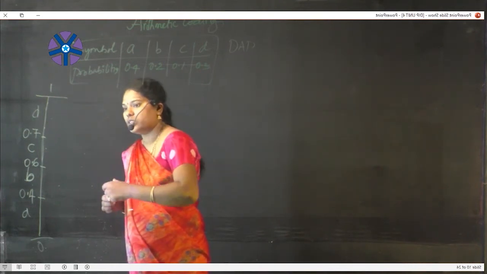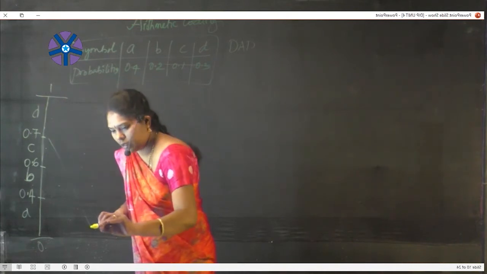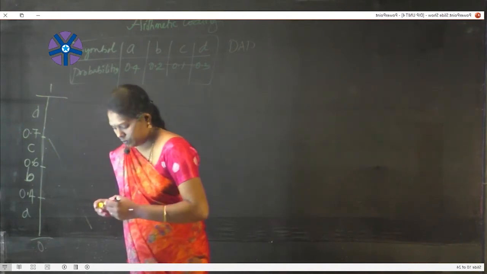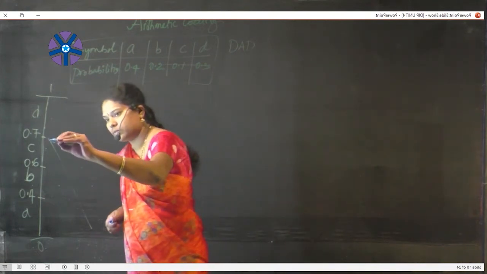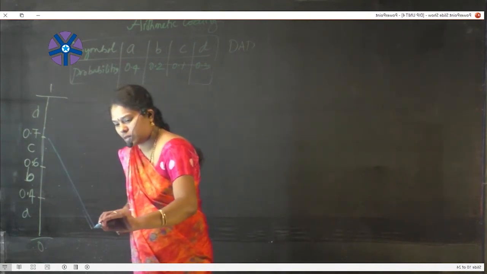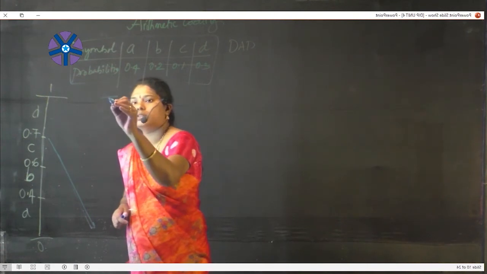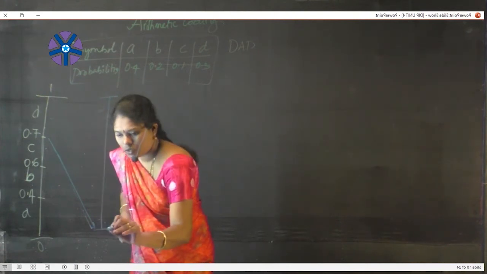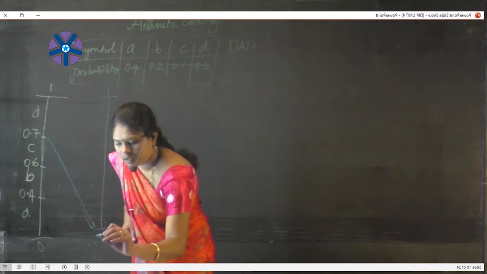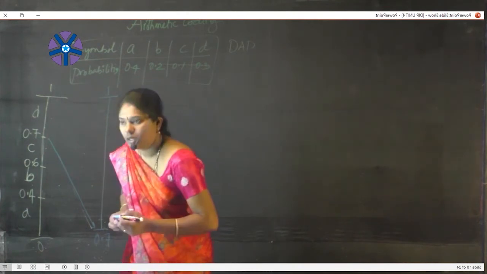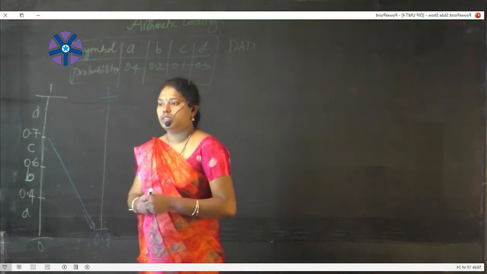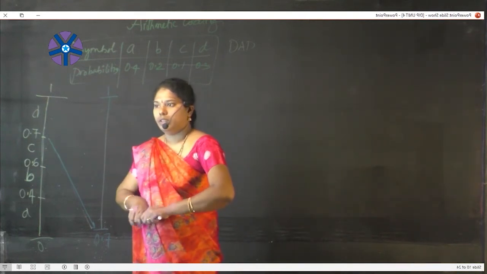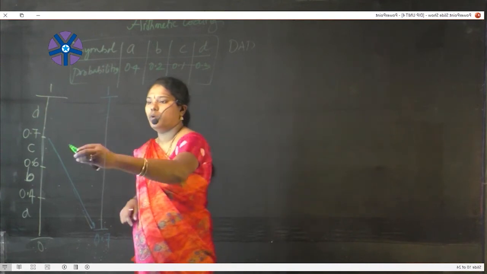That range has to be represented again. Here the minimum is 0.7. This is D, the range of D is 0.7 to 1.